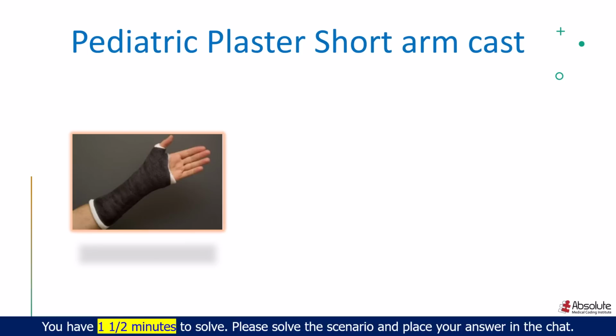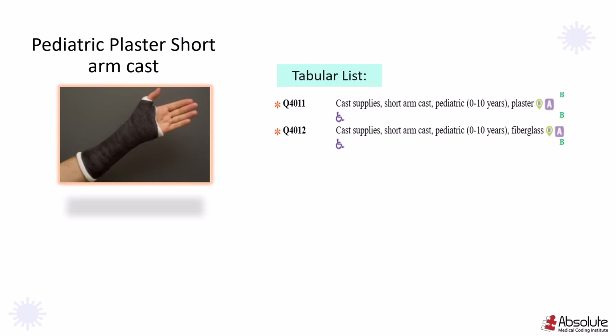Okay, great answers. I can see a lot of great answers coming up in the chat. Let me know, goddesses, what is going to be the main term for this question? Type it in the chat. Correct. The main term for this scenario is going to be cast.